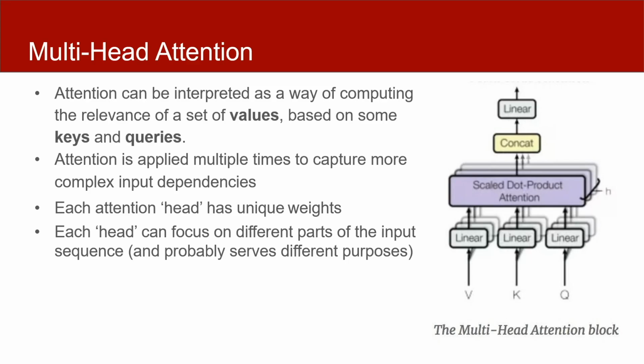So one key component of the transformer is multi-head attention. Attention can be understood as a way of computing the relevance of a set of values based on the keys and queries.